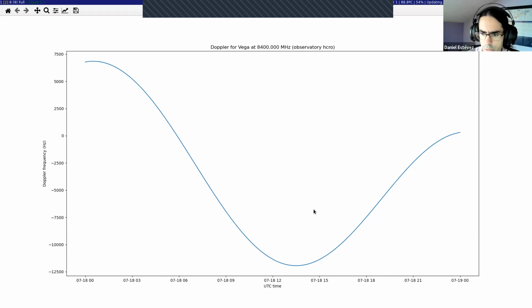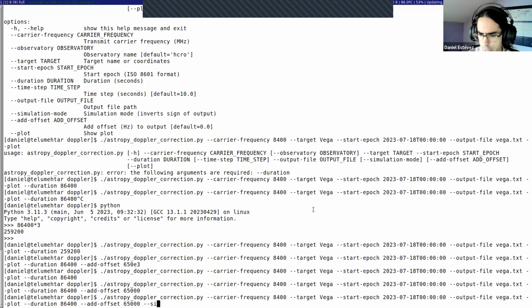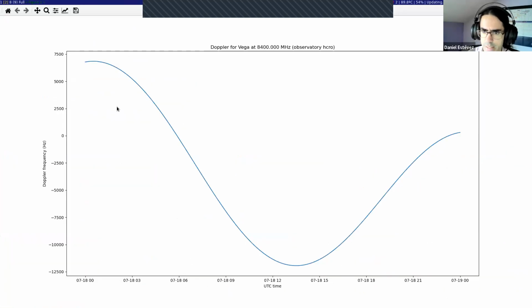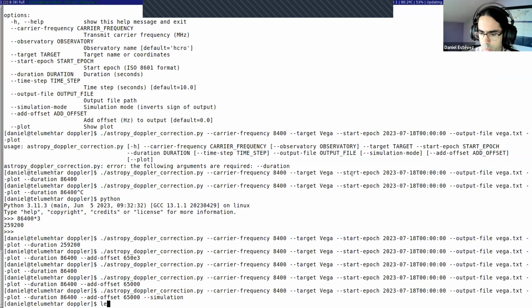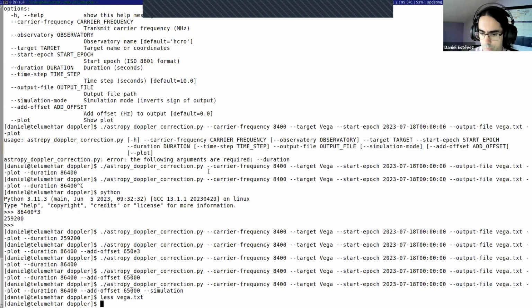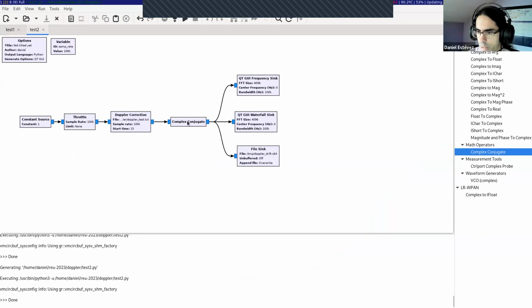And what I can do is enable simulation mode. So this flag doesn't affect the plot, but it affects the sign of the output. So we can look at this really quickly. And then you can see that the beginning of the plot was 6,700 hertz, but then this has the minus sign on the output file because of this simulation.